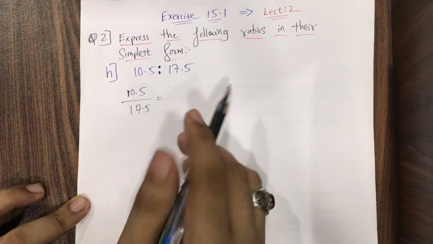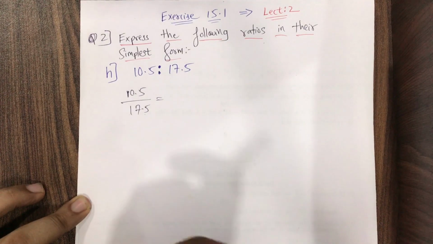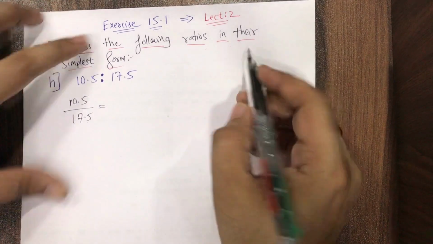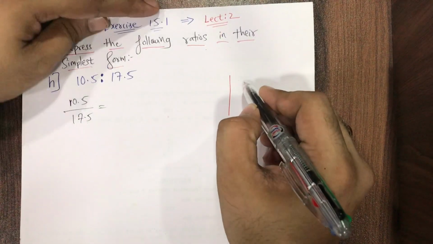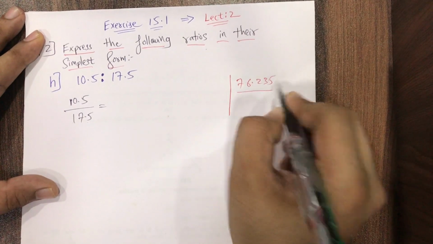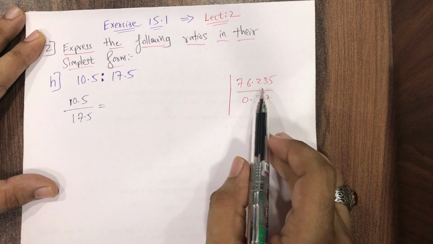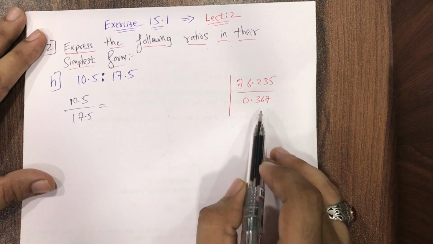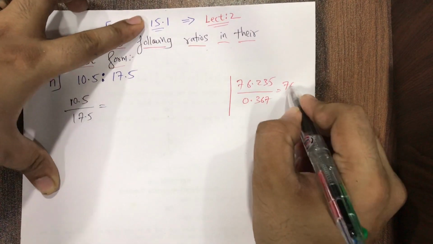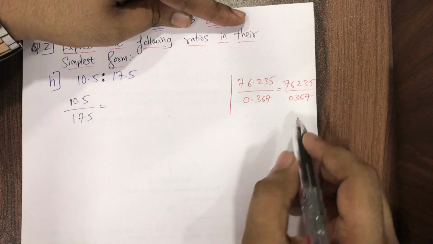So the rule is, whenever we have decimal point after same number of digits, let me give you all one example as a note. On the right hand side, I'll give you one example as a note over here. See, for example, I have a number as 76.235 upon 0.367. In the numerator, the decimal point is after 3 digits. In the denominator, the decimal point is after 3 digits. So I can write it as 76235 upon 0367.